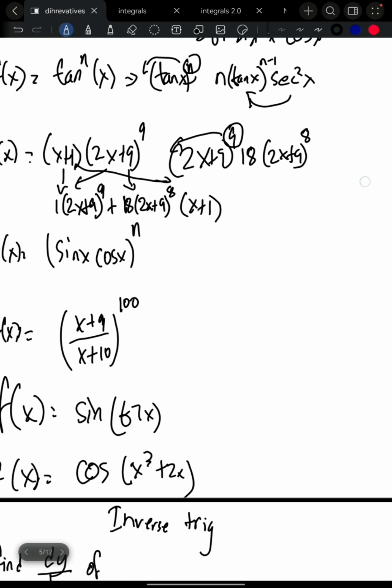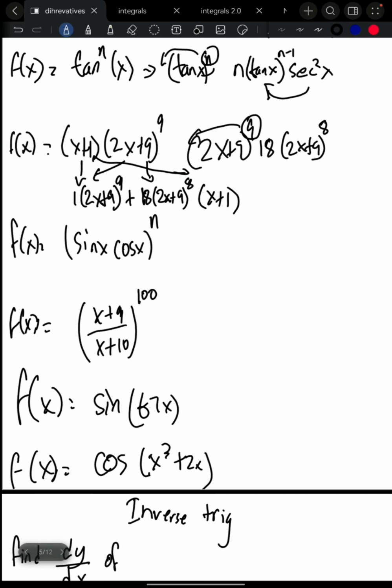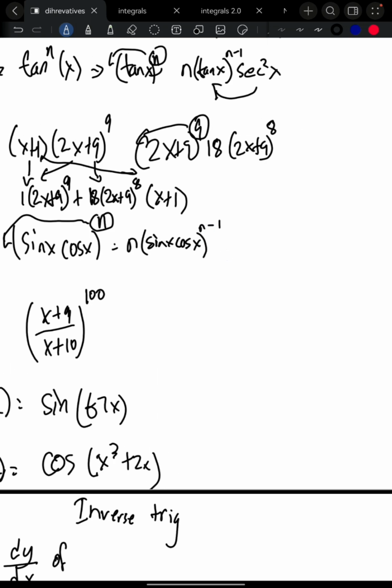What is sine x times cosine x to the power of n? No, actually it's not that bad, right? So we're going to bring down the power, right? So it's just going to be n times sine x cosine x to the power of n minus 1. And then you're going to multiply by the derivative of the inside function.